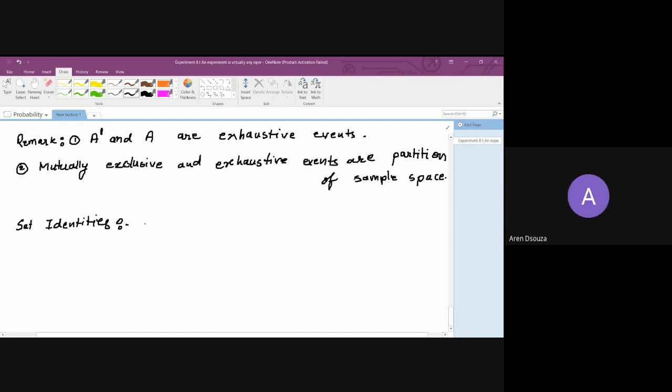In mutually exclusive and exhaustive events, A intersection B will be zero, or phi.